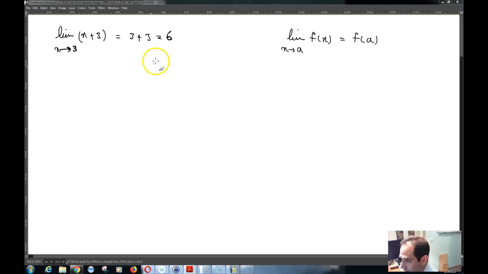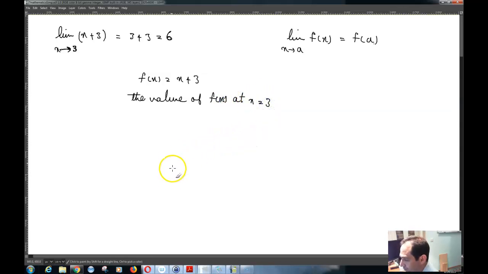Of course, this is the value of the function f of x is equal to x plus 3 at x is equal to 3. Meaning that x plus 3 is basically this function over here.